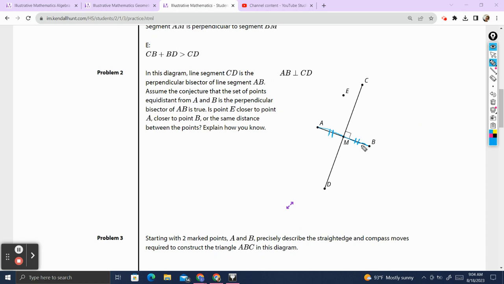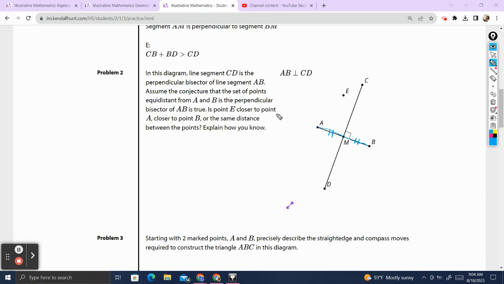So we know we have CD is a perpendicular bisector of AB. Assume the conjecture, and that's just a fancy word for a math hypothesis, that the set of points equidistant from A to B is the perpendicular bisector of AB true.